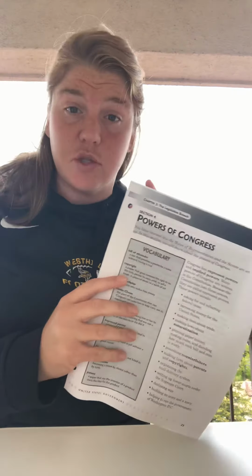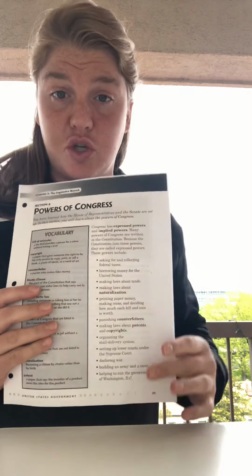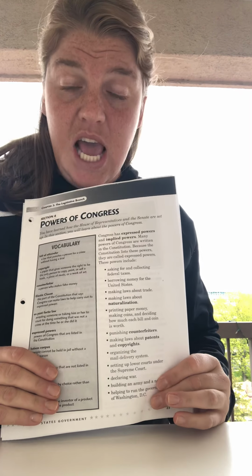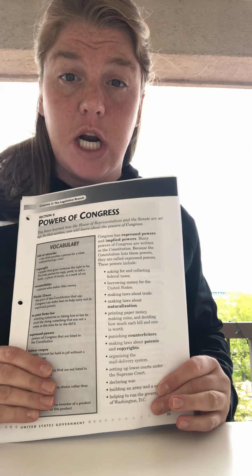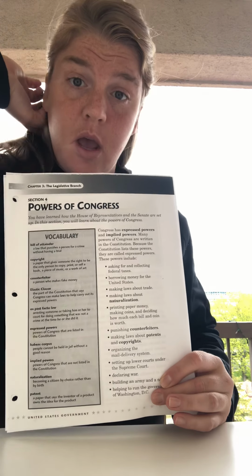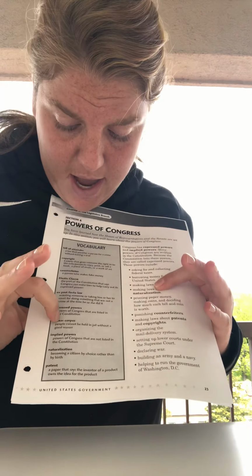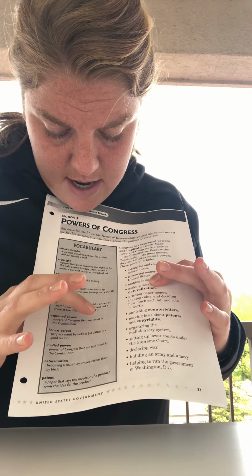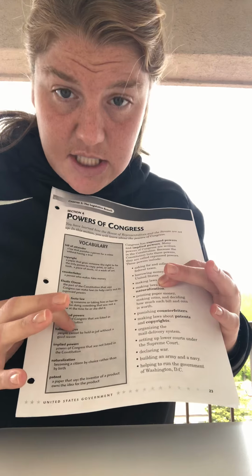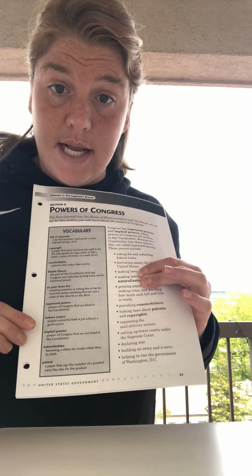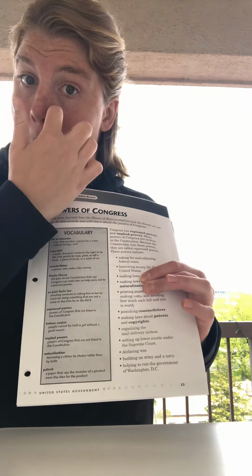Okay, so if it's written down in the Constitution, it's expressed. So that's what we're first going to talk about. And if you're a little confused, it says it right here. Powers of Congress that are listed in the Constitution. So, expressed powers.